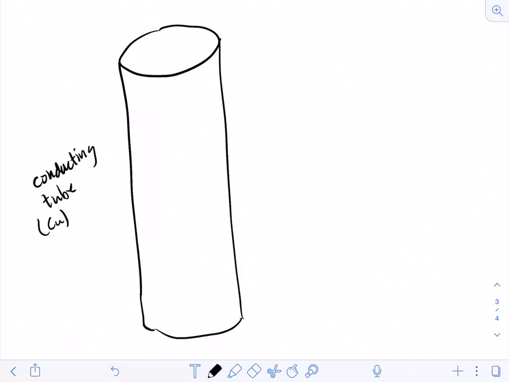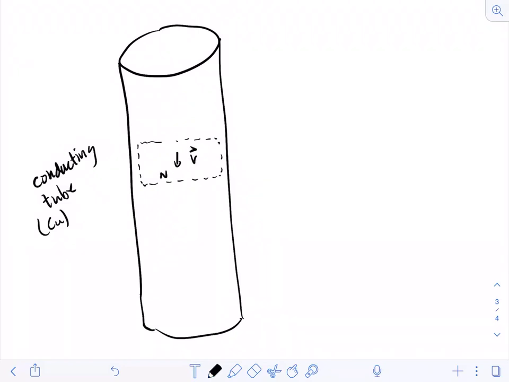And what we're going to do is we're going to take a magnet and we're going to drop that magnet inside the tube. So it's going to be a strong magnet and it's going to be falling down. So let's say that the magnet is going to be falling this way.